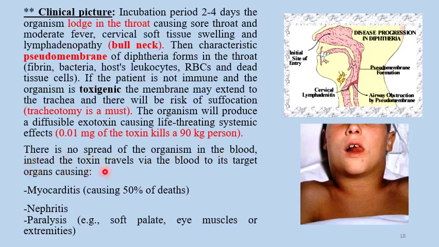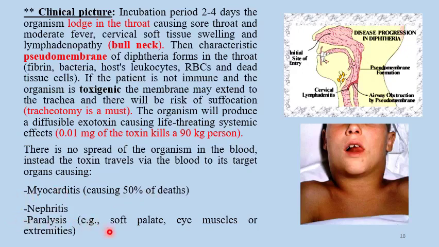Instead, the toxin will travel through the blood to its target organs. If it goes to the myocardium cells, it causes myocarditis, and this is the cause of 50% of the deaths, causing also nephritis and paralysis. But the paralysis is to certain muscles, not all the muscles are involved.